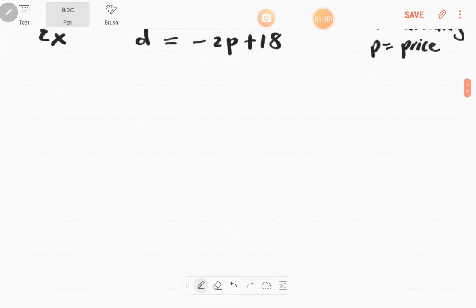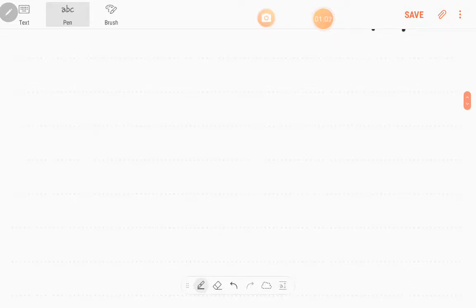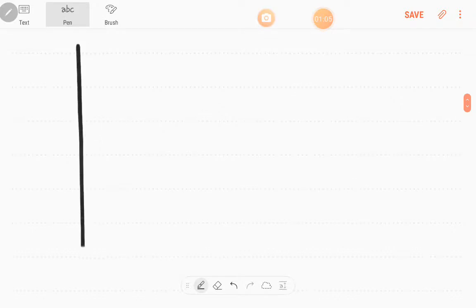And we're going to put the quantity on the x-axis, and price will go on the y-axis. Okay, so let's have intervals of 2 for quantity.